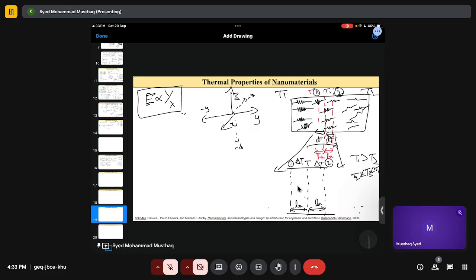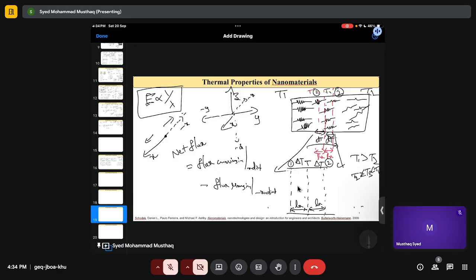Because we have said we are only talking about x direction, the phonons can be moving this way, this is positive x, this is negative x, or they can move the other way. What is my net flux? Net flux will be flux moving in x direction minus flux moving in minus x direction.